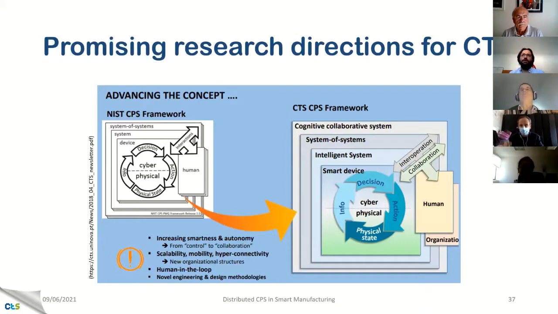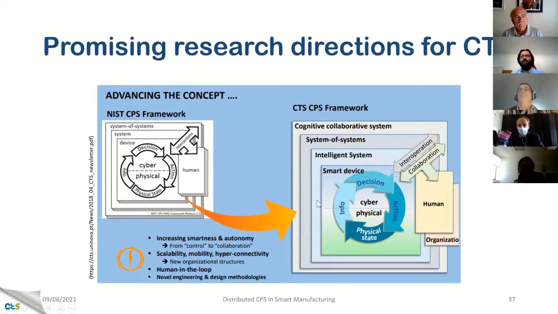And of course, just to make a summary, this is really the last slide. Basically the research we've been developing or exploring focuses, I would say, mainly on the intelligent system and system of systems.